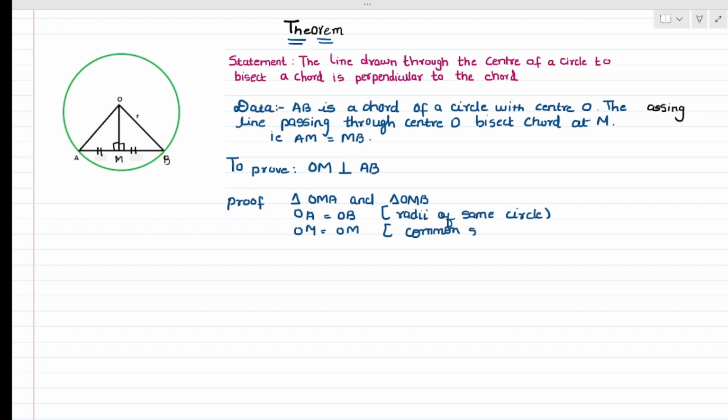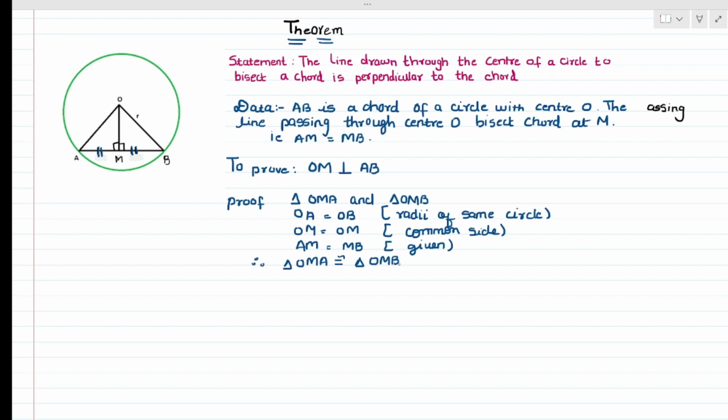Then, what we already know from the data is that AM is equal to MB, which is given in our data. Therefore, triangle OMA is congruent to triangle OMB.